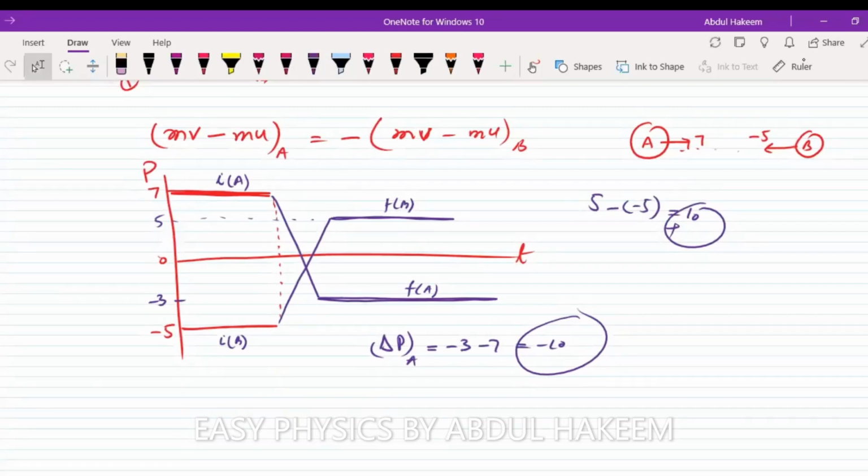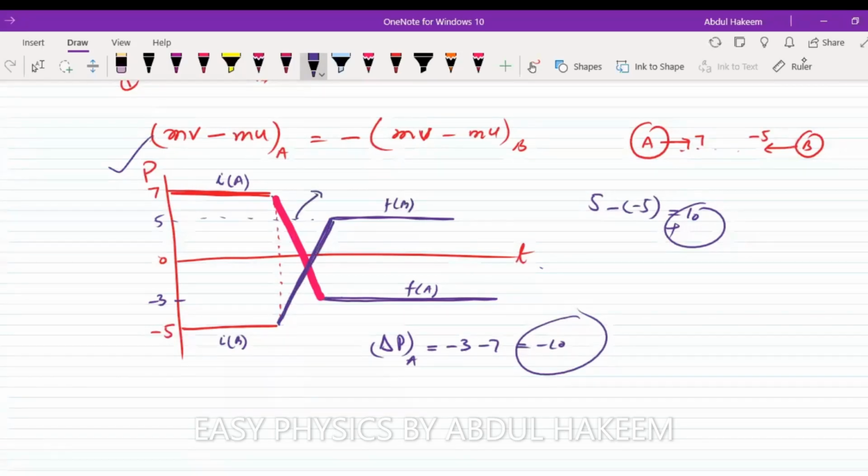But we have done that if the graph is plotted between P and T, momentum and time, the gradient is force. So look at the gradient. This is negative gradient. And this is the positive gradient.